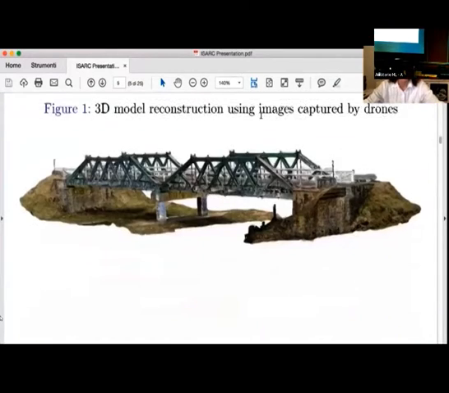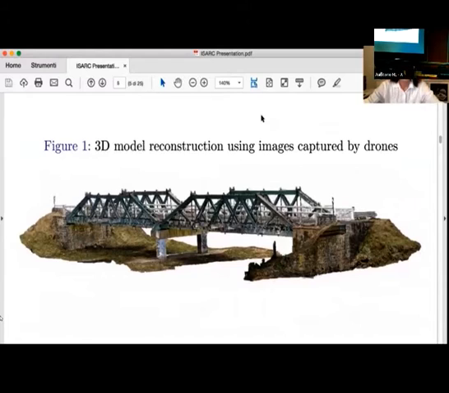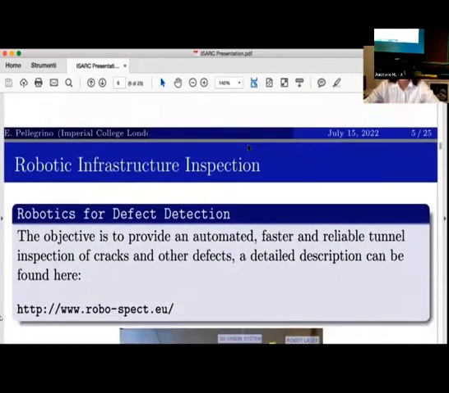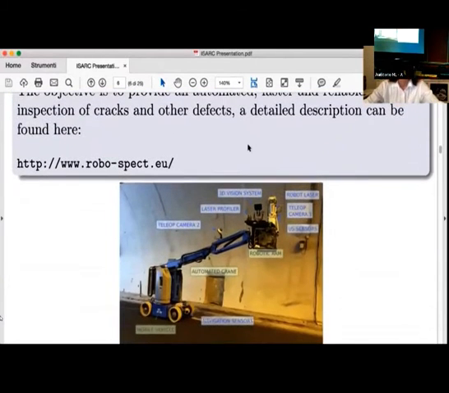In particular, and also the robotic inspection, as the drone in particular, are useful for building a 3D model for an ASIS structure. I worked in particular on computer vision method for defect detection, in particular cracks in civil structure.